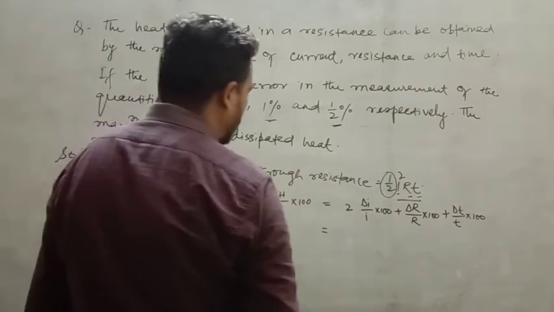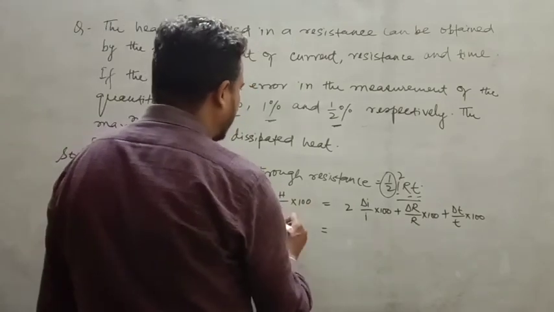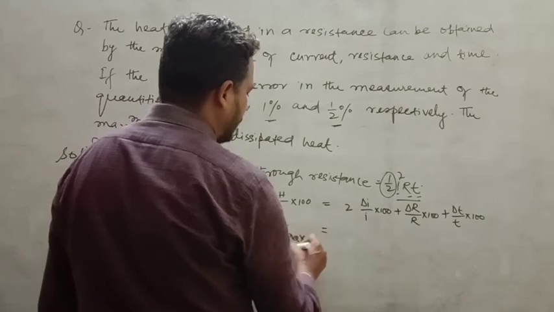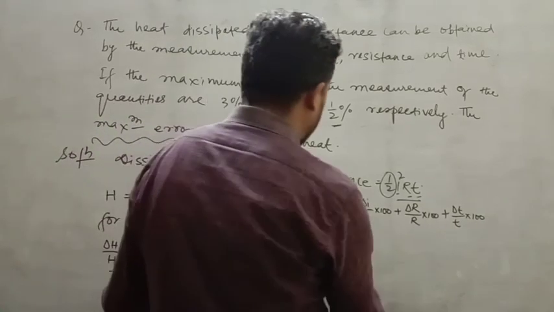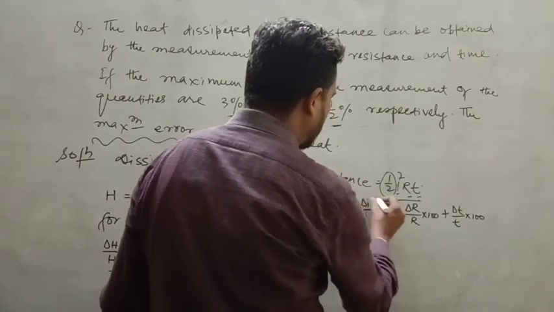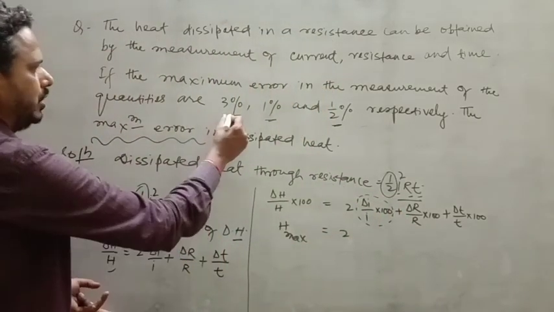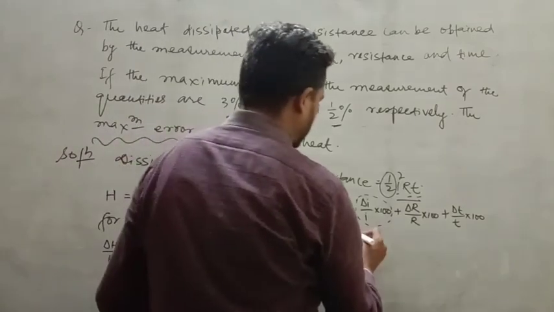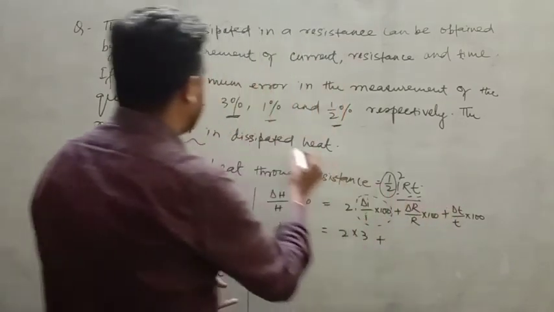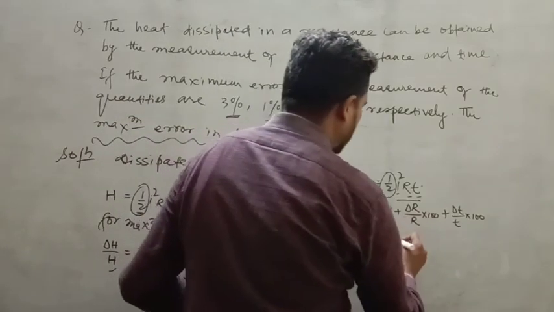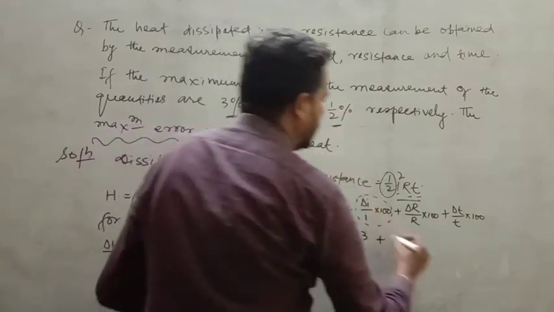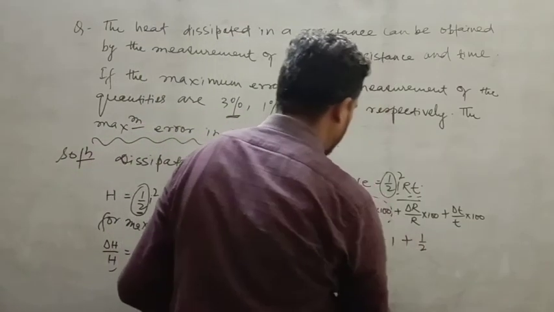Okay, so this is your maximum heat that is dissipated through the resistors. Alright, so you can write H max here. So 2 is there, and this is equal to 3%, so into 3, plus 1%, so this is 1, and plus 0.5%, which is half in percentage.